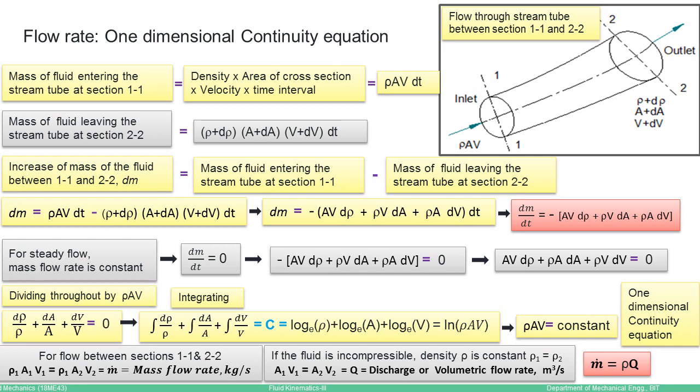And considering an incompressible fluid or incompressible flow for which density remains the same, that is rho 1 is equal to rho 2, we get rho 1 and rho 2 cancelled from the LHS and RHS respectively. So we have A1 V1 is equal to A2 V2, which is called the discharge of fluid or volumetric flow rate of fluid, expressed in meter cube per second. And the relation between mass flow rate and discharge or volumetric flow rate is m dot is equal to rho Q.